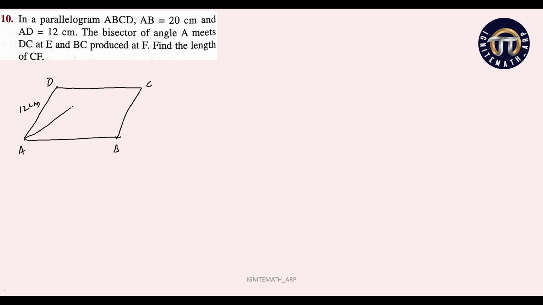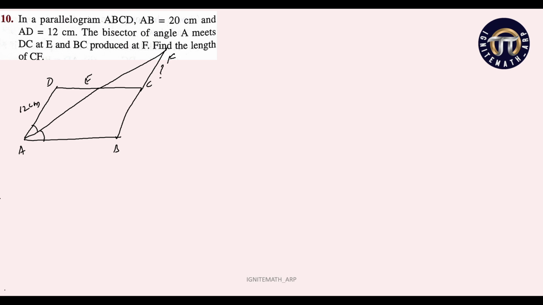Bisector of angle A means what? It is bisecting this angle. It is meeting DC at point E and BC produced at F. I will extend this BC. It is going to meet this BC produced at F. Find the length of CF. How much is this? Is the question.